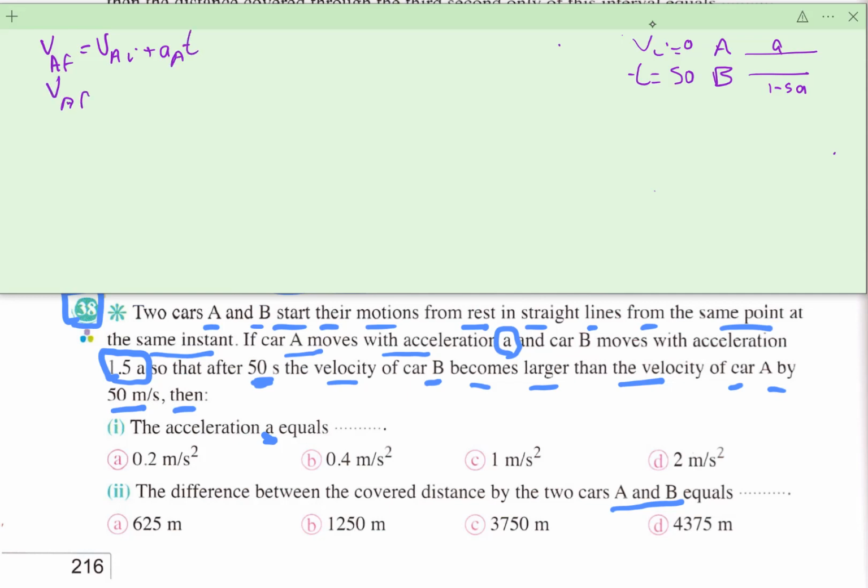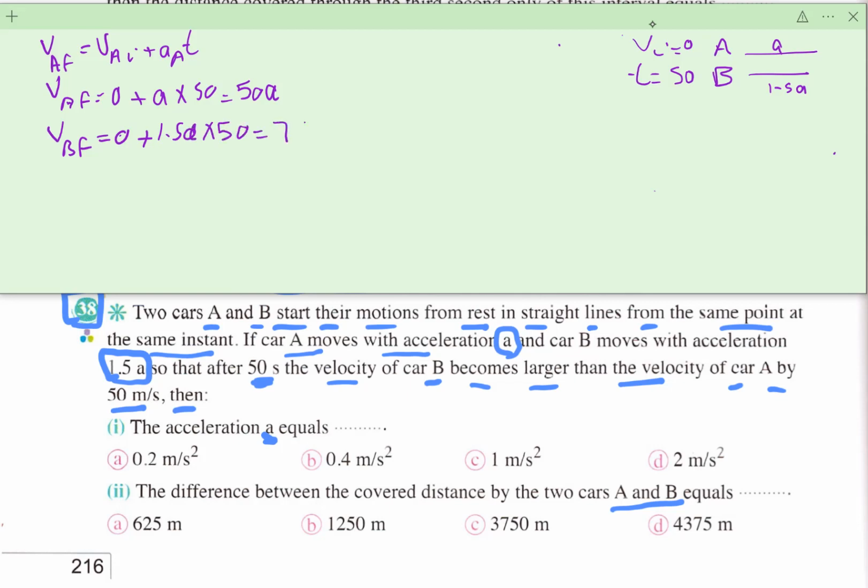VA final equals 0 plus A times T, so A times 50 means 50A. VB final equals 0 plus 1.5 A times 50, right?